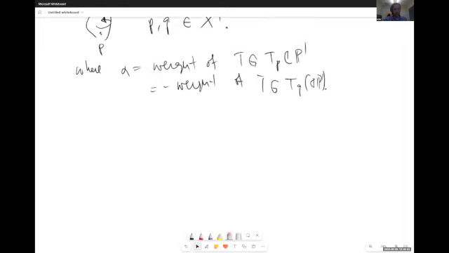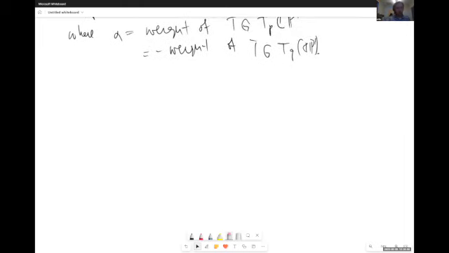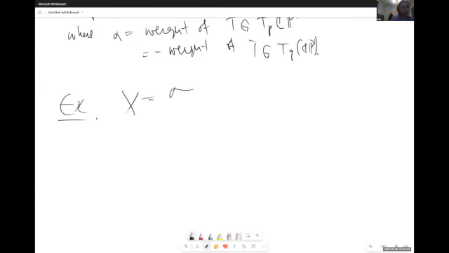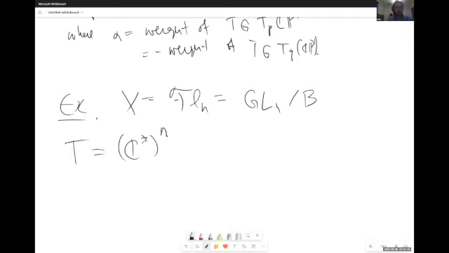So let's see. Yeah, so to give an example, let's go back to the flag variety. So if X is equal to the flag variety, which is equal to GLN mod B, the torus is equal to C star to the N. And the action comes from just the inclusion of the torus in GLN.